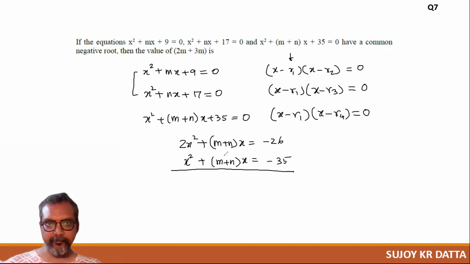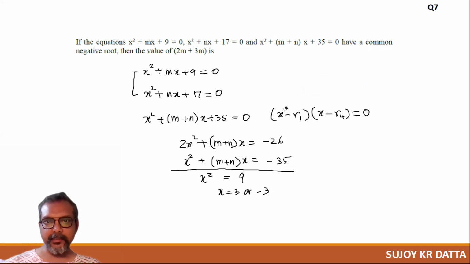Now, if I subtract them, we'll get x squared equal to 9. So x will be 3 or negative 3. Now, x is the common root, right? Since it's saying a negative root, it must be negative 3 as the common root.